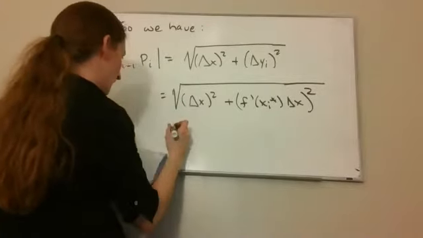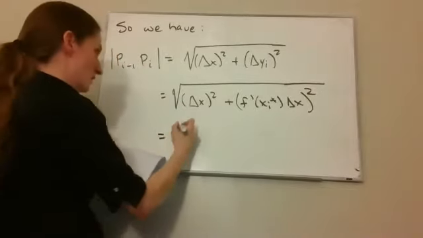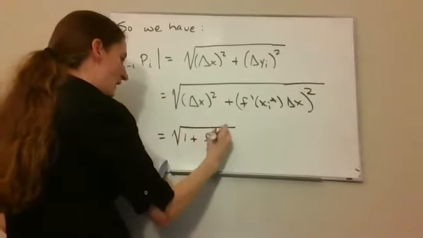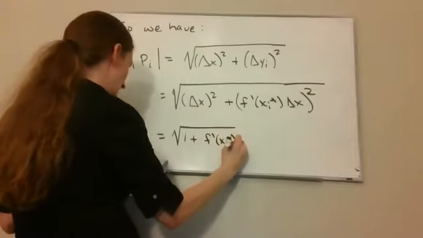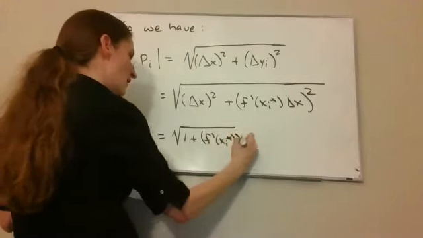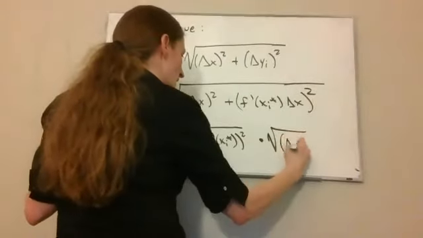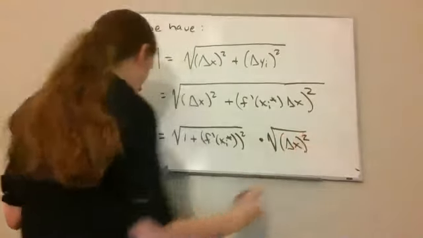And this is equal to a square root of 1 plus f prime of x i star squared times the square root of delta x squared.